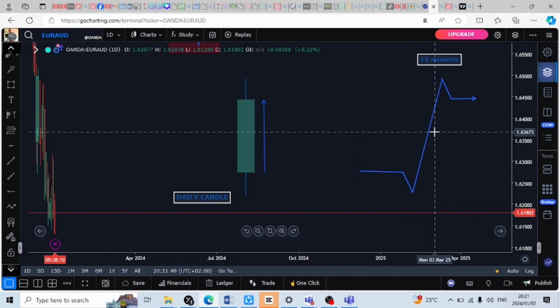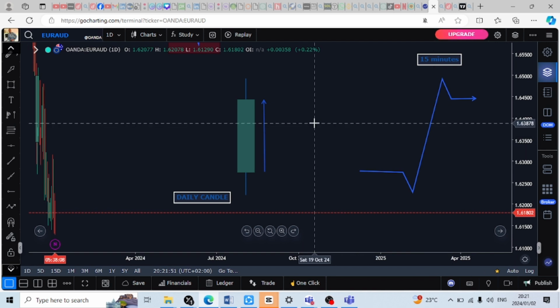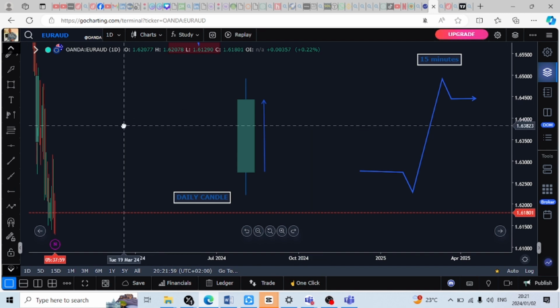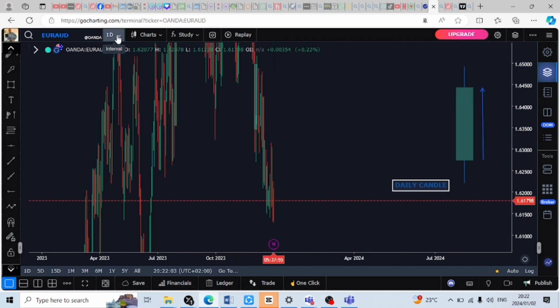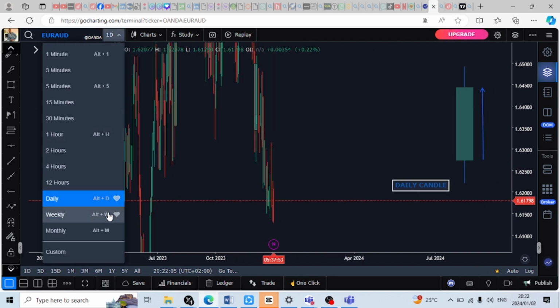Now that we know this is what is taking place, let's quickly try to identify some examples. Then, the last part, we look at how we can trade using this. I'm going to go to the 15-minute time frame and identify how the accumulation, manipulation, and distribution would look.